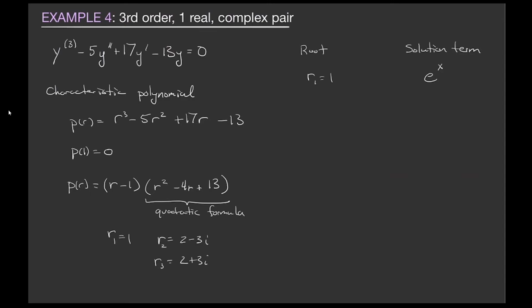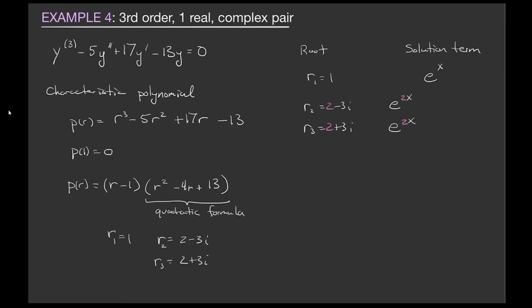Then, whenever we have a pair of complex conjugates, that now introduces trig terms. There are two parts to any complex number: a real part and an imaginary part. The real part, just like a real number or a real root, gives us an exponential term.